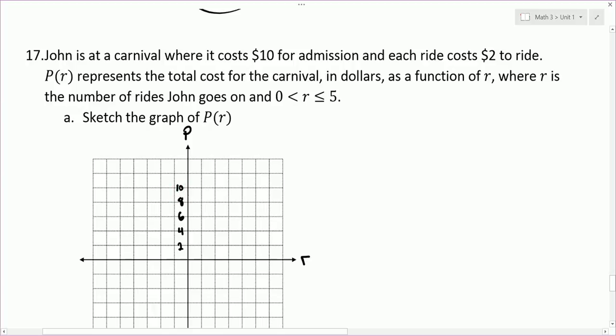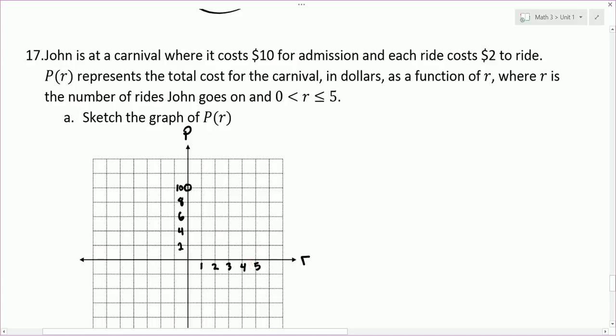If John gets into the park and doesn't go on any rides, he's going to pay $10. But we want to graph this between 0 and 5, so we're starting at 0. Open circle there. And here's 1, 2, 3, 4, and 5 rides.